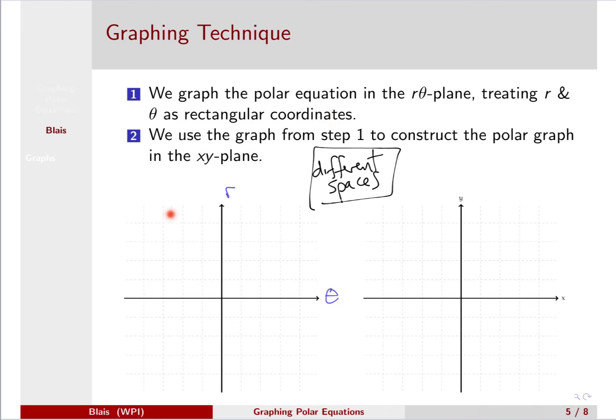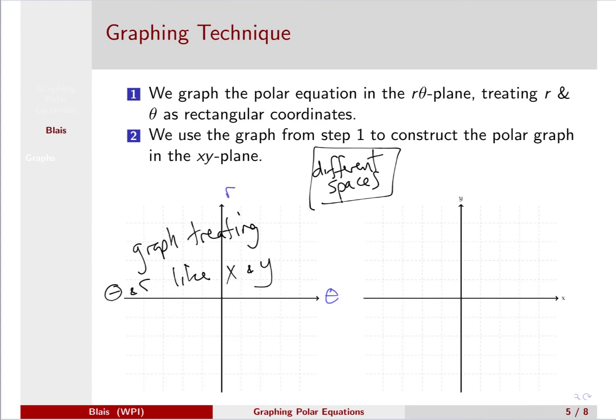So for this step on the left, you take your equation in polar and pretend like you've never even heard of polar coordinates. Work with them like they are regular old rectangular coordinates. So we graph here, treating theta and r like x and y.